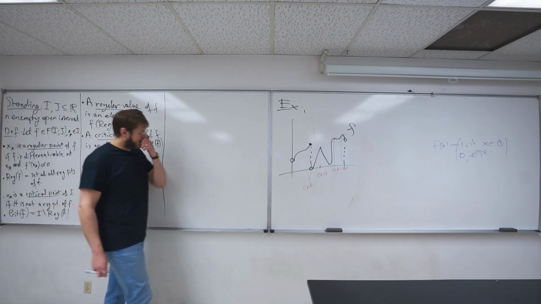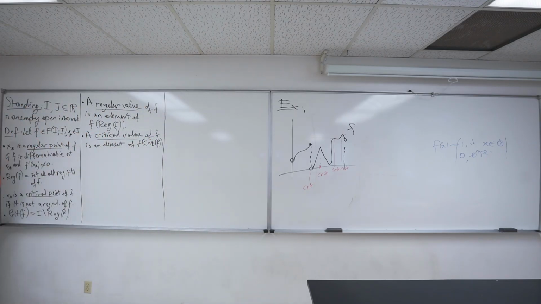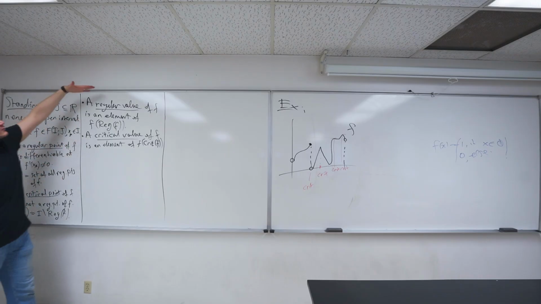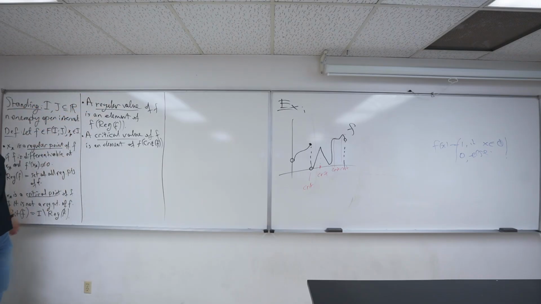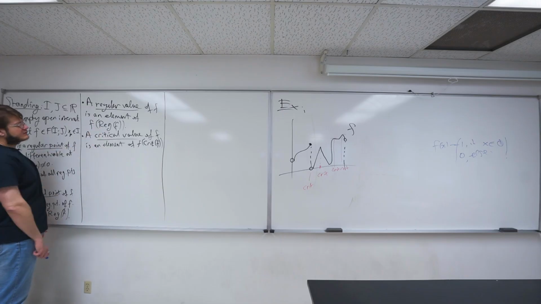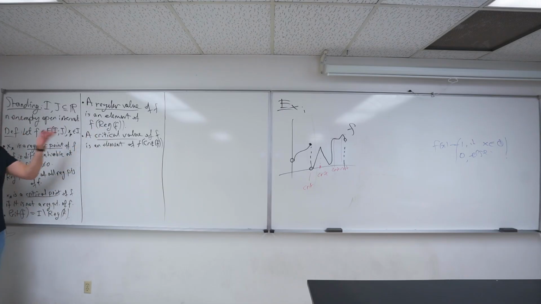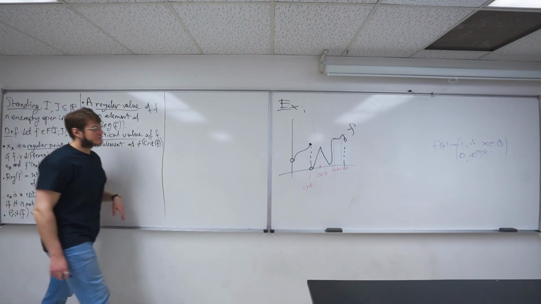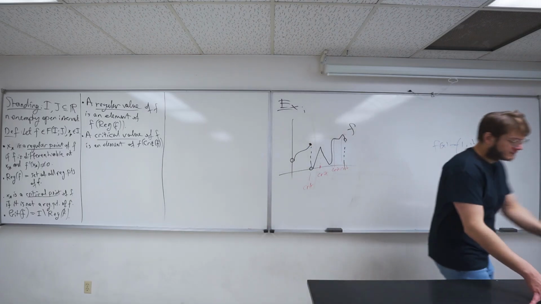So, okay, that's that. If you look at the images, a regular value is some height coming from some regular point, and a critical value is some height coming from some critical point.